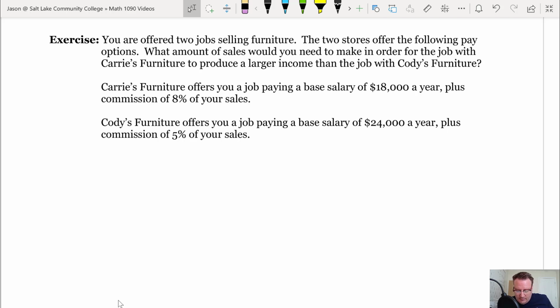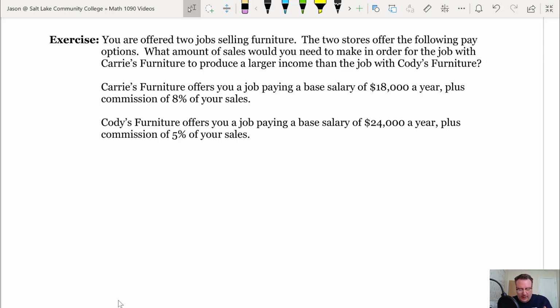Clearly Cody's base salary of $24,000 is better than Carrie's base salary of $18,000, but Carrie's does offer the better commission. So what we need to figure out is how much I need to sell each year so that Carrie's furniture will be the better deal for me.